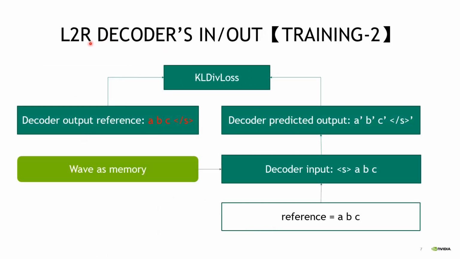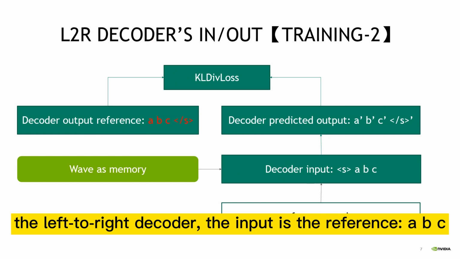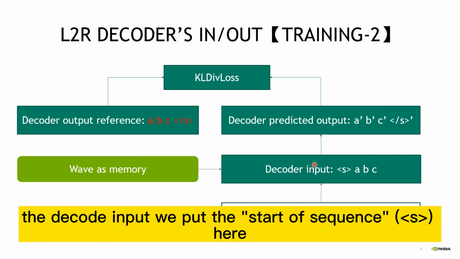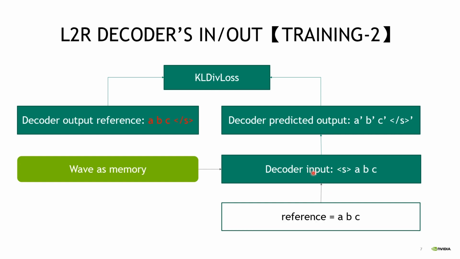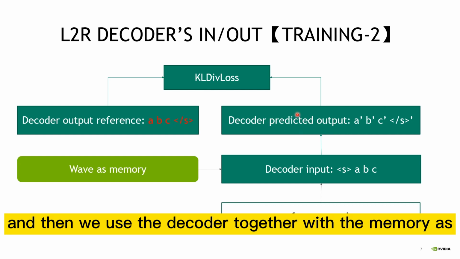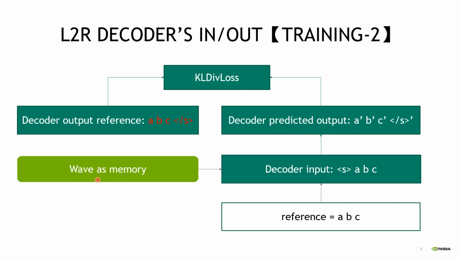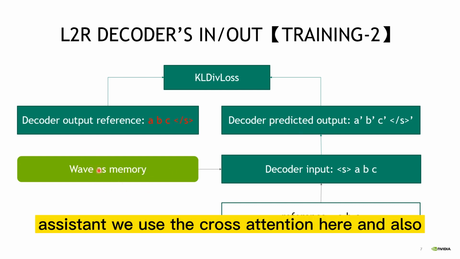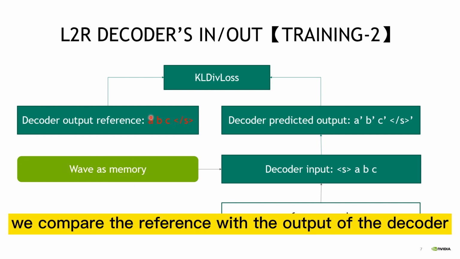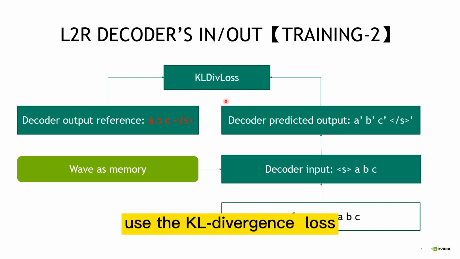For the left-to-right decoder, the input is the reference ABC, and as the decoder's input we put the start of sequence symbol first, and then we use the decoder together with the memory as an assistant. We use cross attention here, and we compare the reference with the output of the decoder using the KL divergence loss.